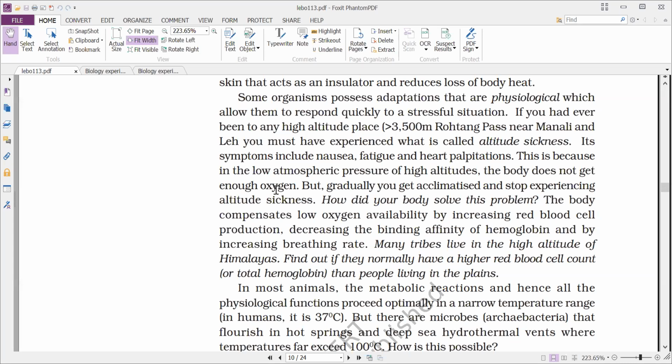We can even observe that if an astronaut wants to go beyond the earth's surface, he'll be given certain training by which he can adapt to the low atmospheric conditions. Because when we move away from the earth, the partial pressure, or the atmospheric pressure, is very low.